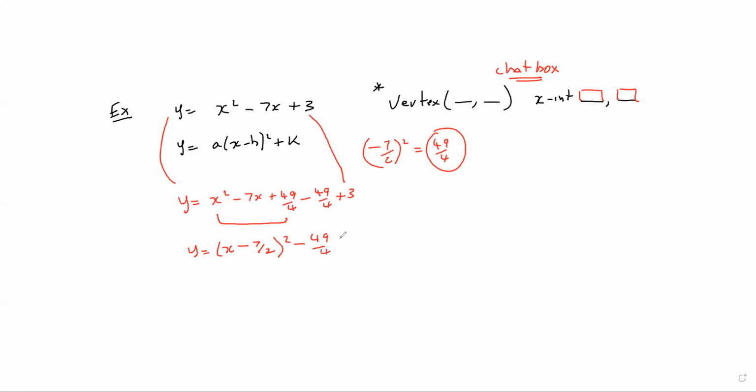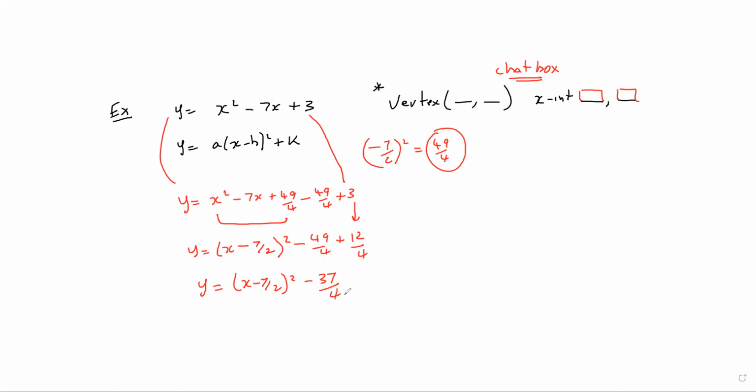49 on 4. The 3 I'll change to 12 on 4 here, okay? Like that. So now I can add that fraction easily. So y equals x minus 7 on 2 squared, minus 37 on 4, correct?